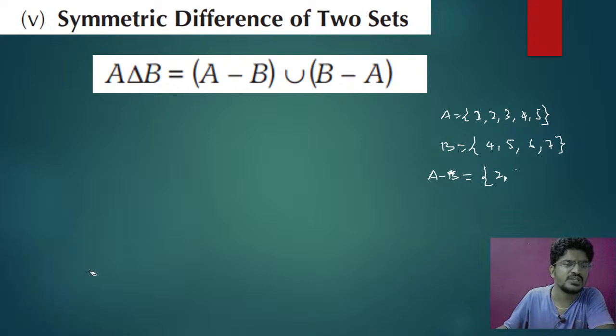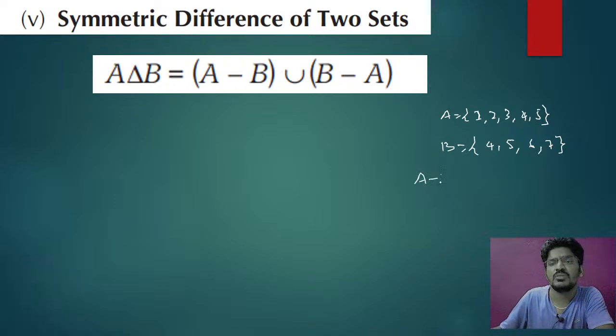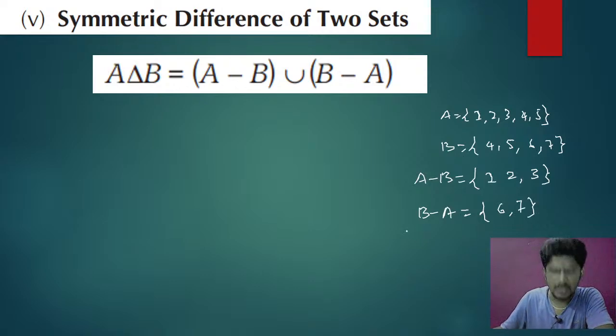A minus B is going to be 1, 2, 3. Clear? What is B minus A? You just see, in B minus A, 4 and 5 are present in A, so B minus A is 6, 7.